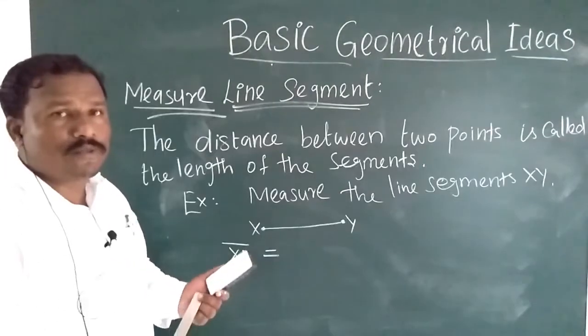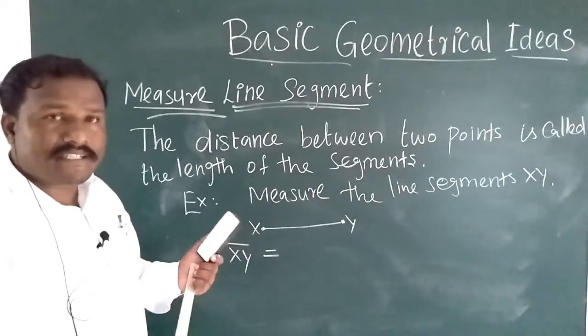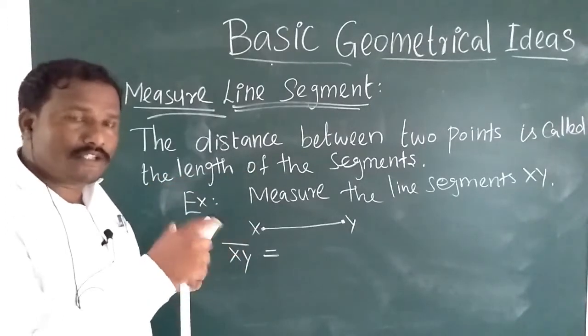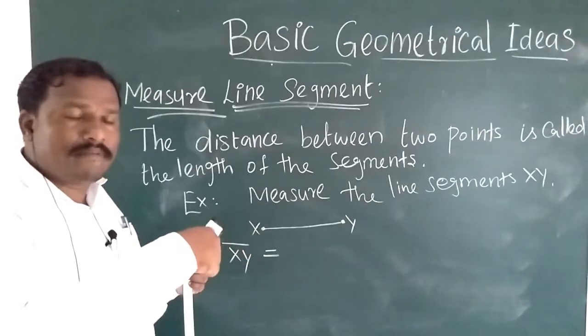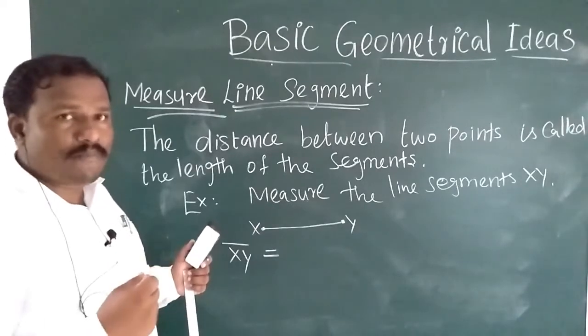Okay, students, how do we measure a line segment? I told you a line segment has 2 end points, and the part in the middle of the end points is the line segment. So we can measure a line segment.